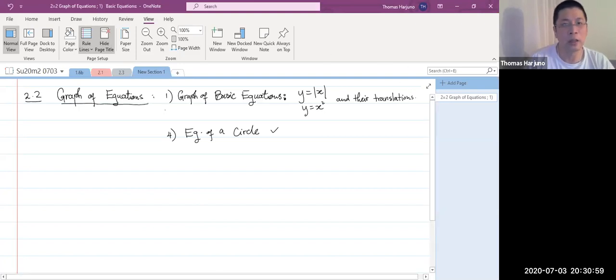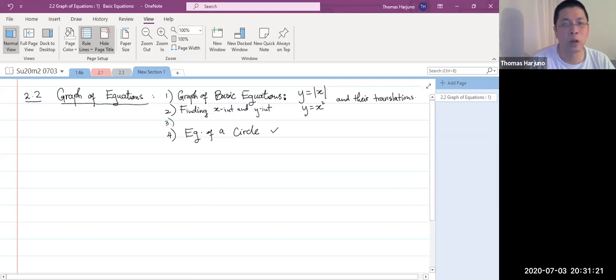And then the second thing we will learn from here is finding x intercept and y intercept, which is on the easy side. That's basically solving equations.